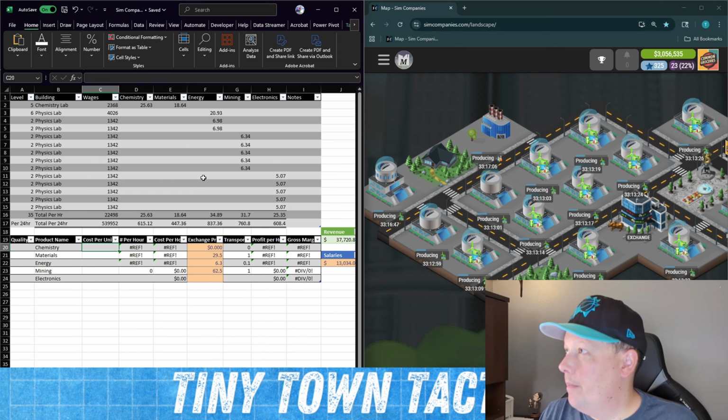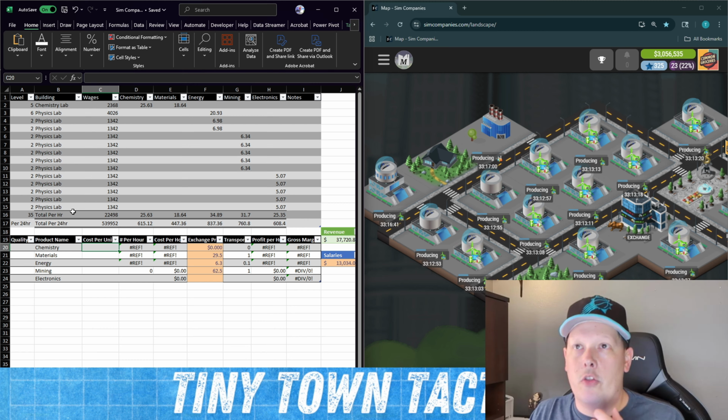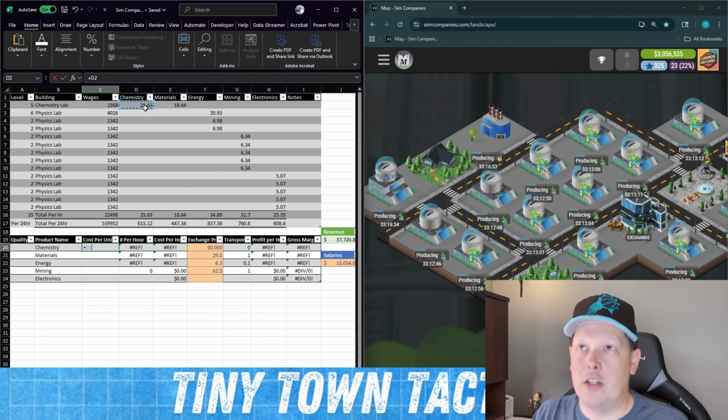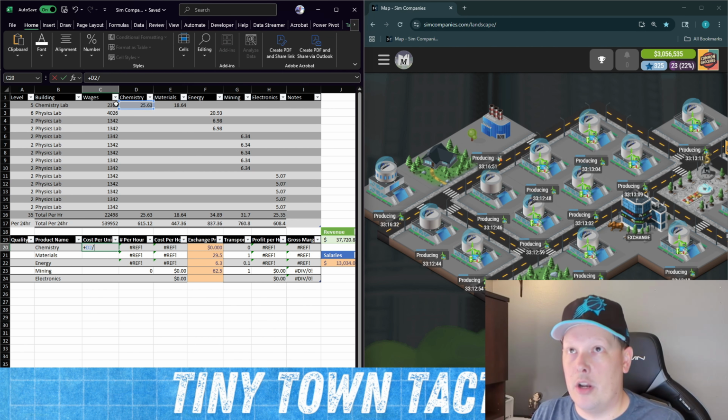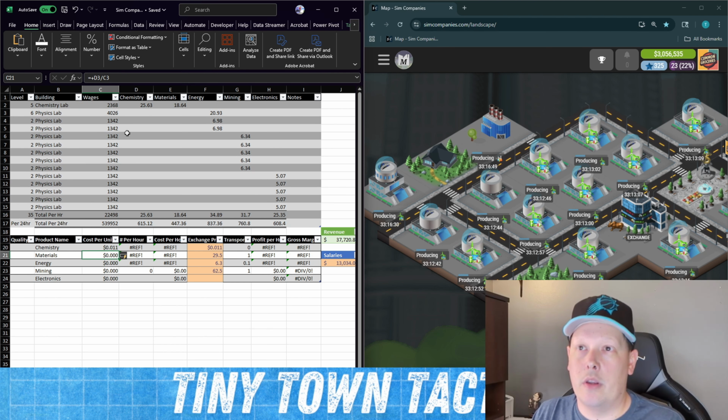So the cost per unit is the number of units produced divided by the wage, right? So for chemistry, it's this number divided by this number, okay? Sorry.